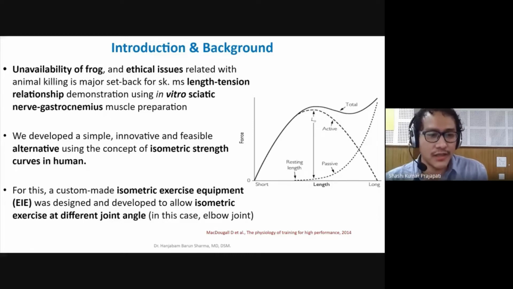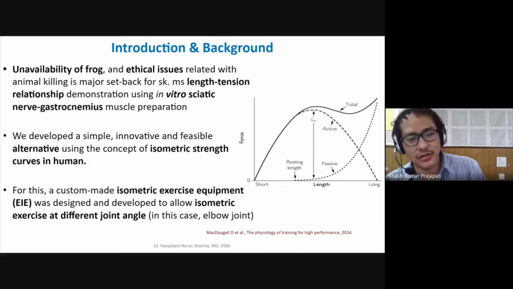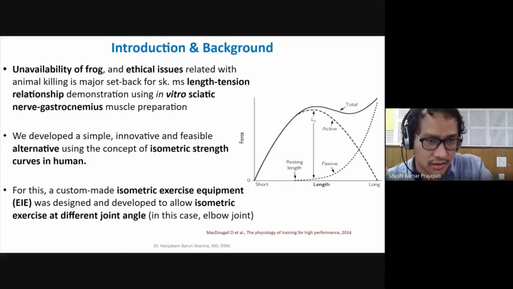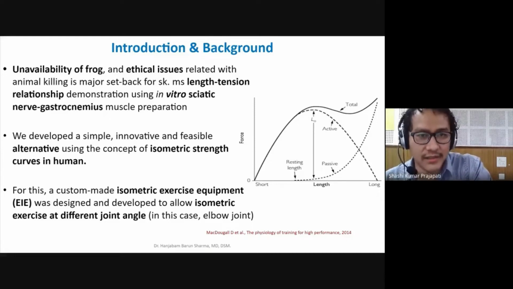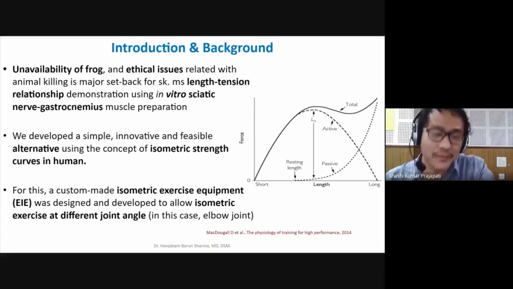For this, we designed a custom-made isometric exercise equipment, EIE. This instrument was used to do isometric exercises at different joint angles, and using that we developed the practical, which may be an alternative to the classic length tension relationship.